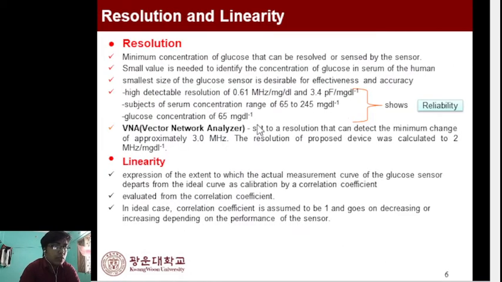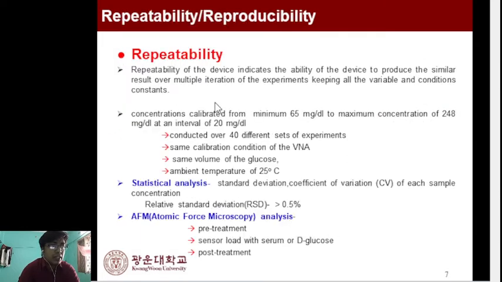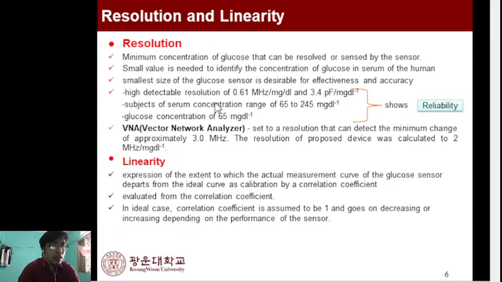The third parameter of the sensor is the resolution. It is the minimum concentration of glucose that a sensor can sense. If a small value is taken, it makes the device smaller, and with a small concentration the efficiency and accuracy also improve.